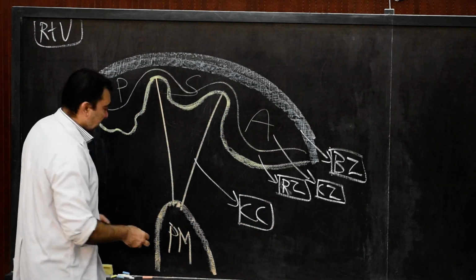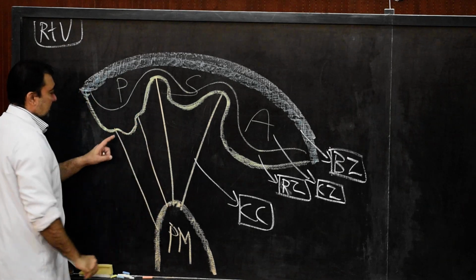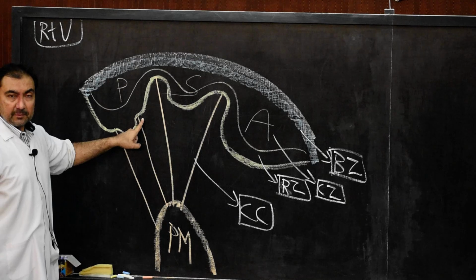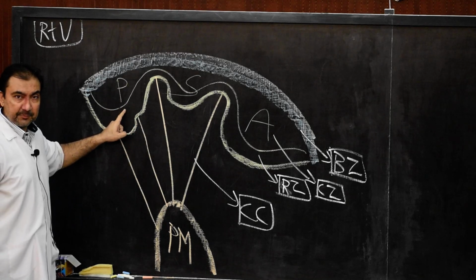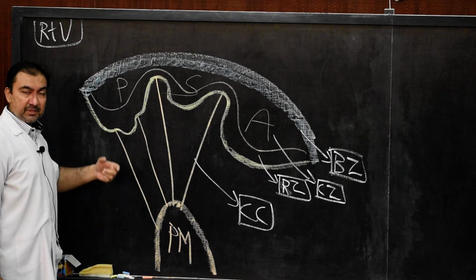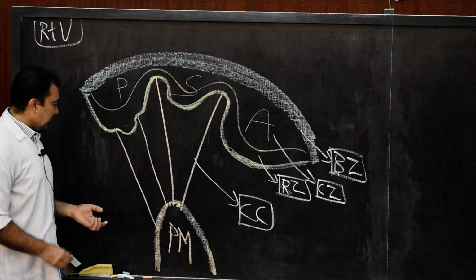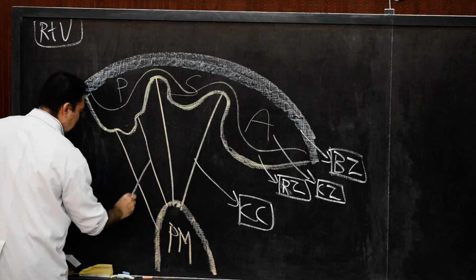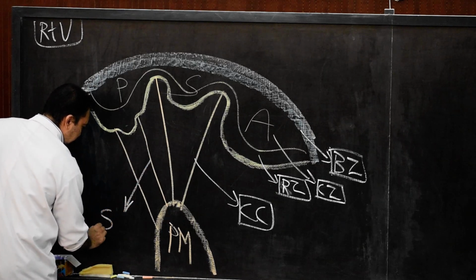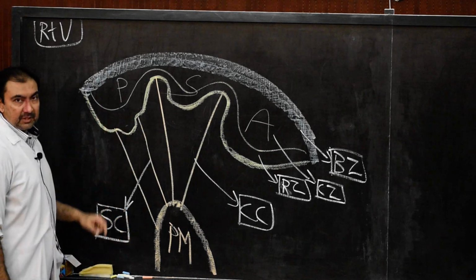Supposing these chordae, if they are connecting these septa which are present on the posterior cusp, remember there are two septa on the posterior cusp which will divide the entire posterior cusp into three scallops. So these chordae are known as the septal chordae because they are attached to the septa.